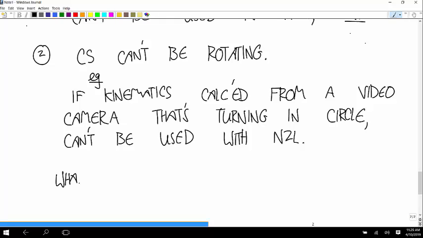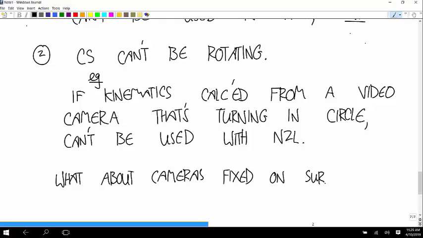What about cameras fixed on the surface of the Earth? Because it would be a major pain if we couldn't use measurements on the surface of the Earth.